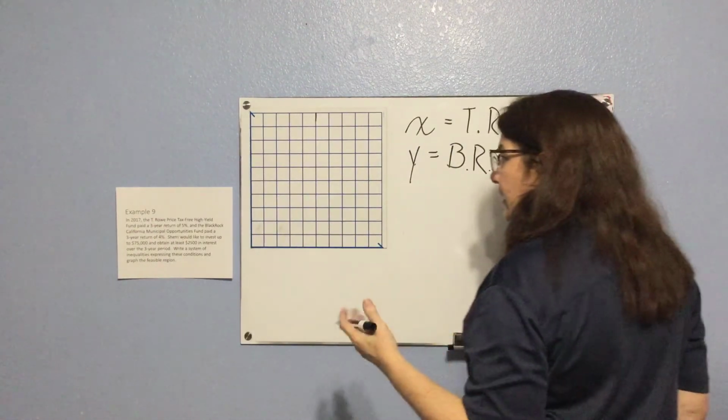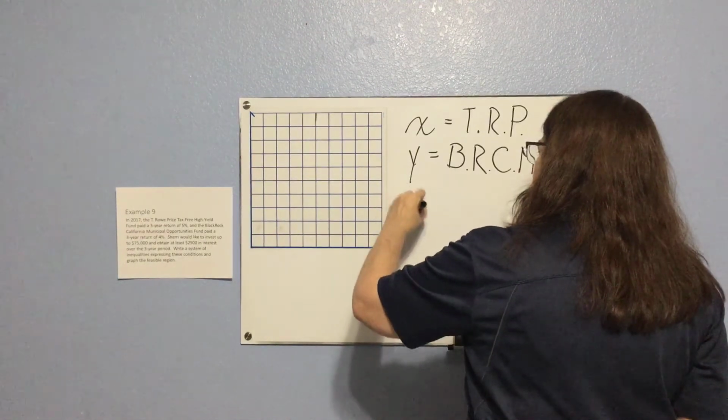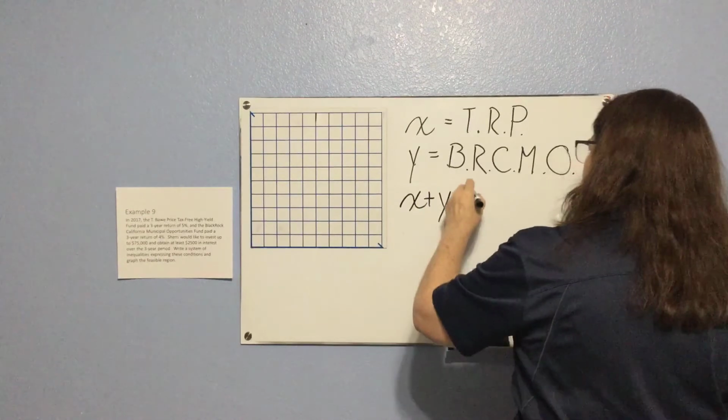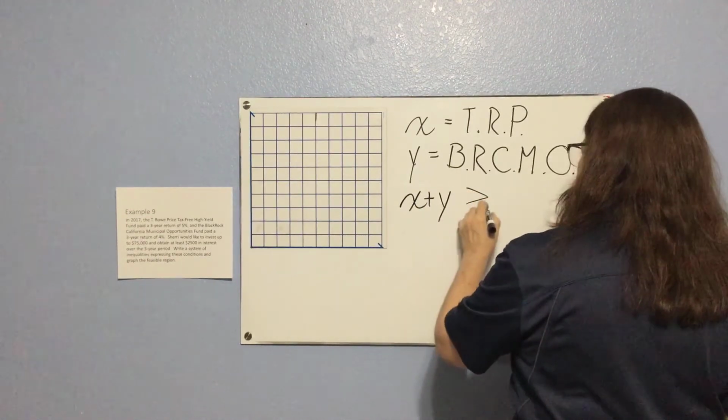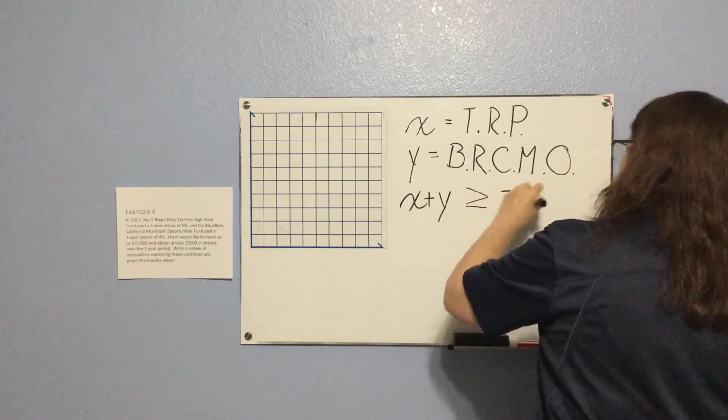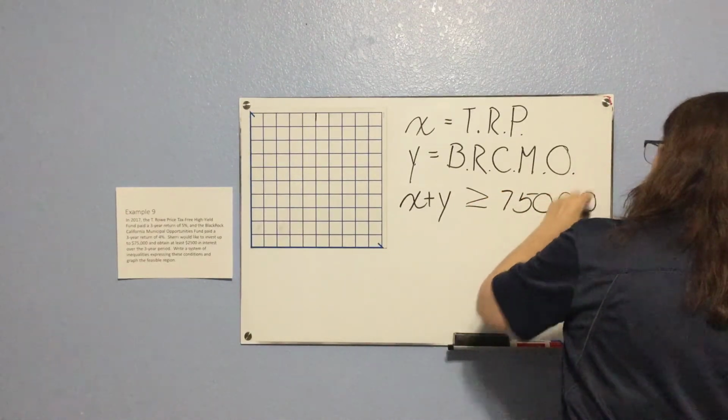Altogether, she wants to invest $75,000. So I've got x plus y greater than or equal to $75,000. That's all the money she's got to invest right now.